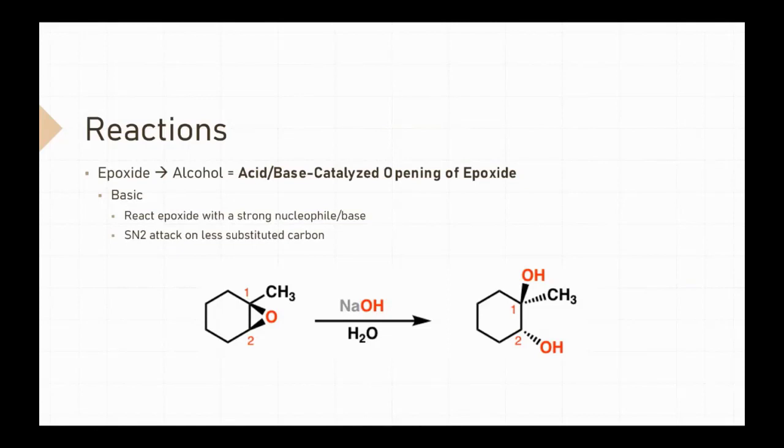So just an SN2 attack, it will attack the side that's less hindered, which is number 2 over here. And remember, it doesn't care if it's a good leaving group, it'll basically force its way in there. And then proper workup will turn this O negative into an OH. Right. So it's a faster reaction. It's a one-step reaction compared to acidic conditions.